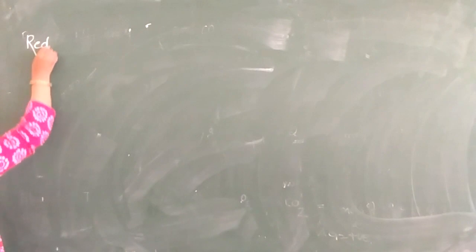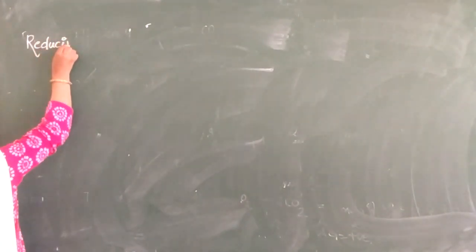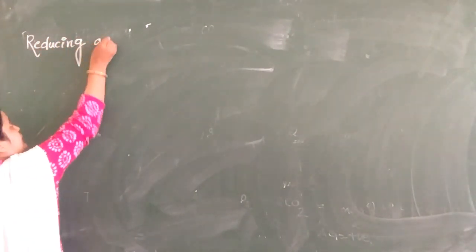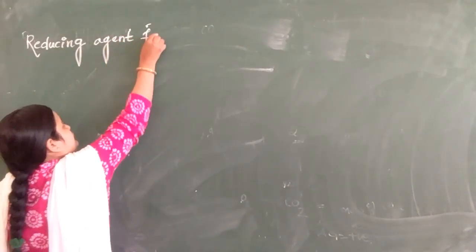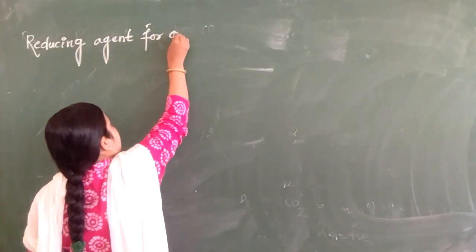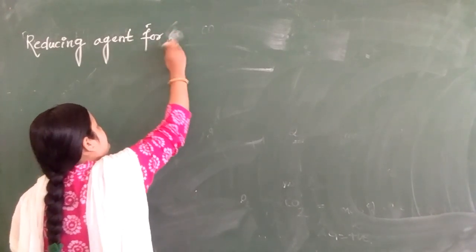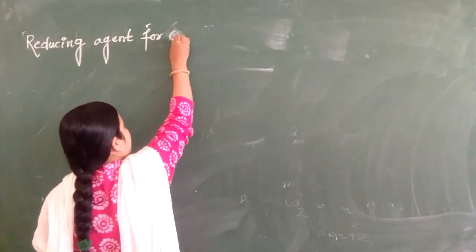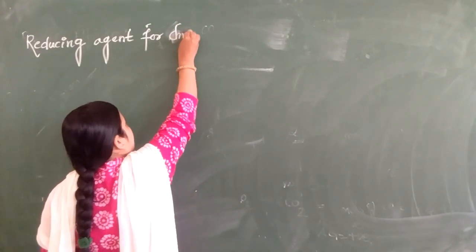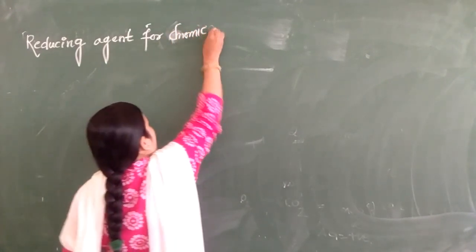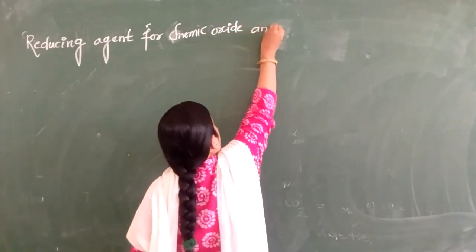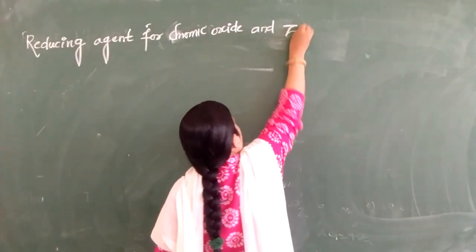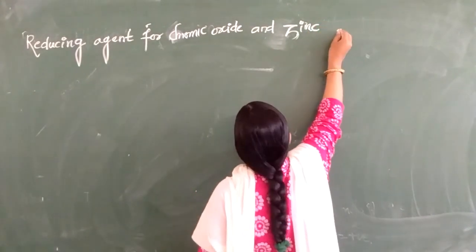Next part of our topic: reducing agent for chromic oxide. What should I write over here? Whether I should write Cr2O3 or simply chromic oxide, and zinc oxide.